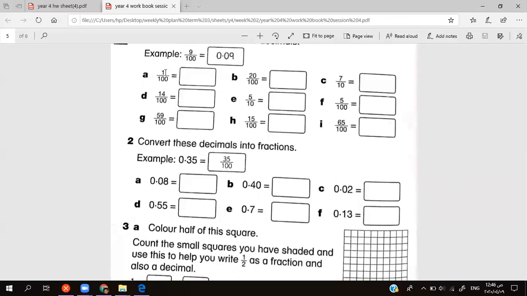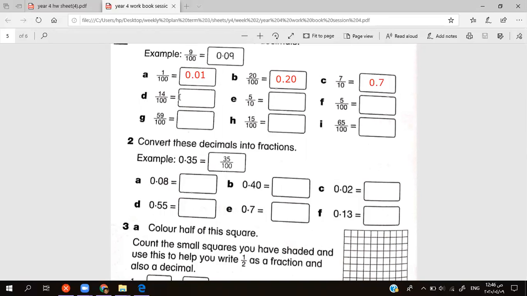Here my decimal will move two places, so it's going to be 0.01. Here also it will move two places, so it's going to be 0.20. Here my decimal will only move one place because it's divided by 10, so it's 0.7.